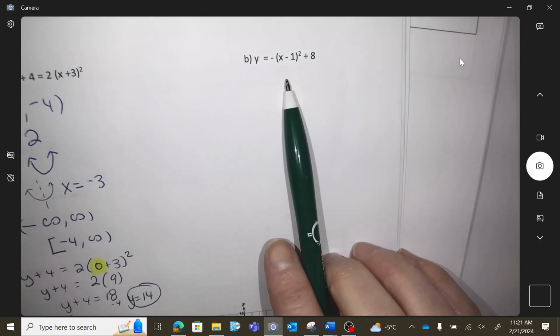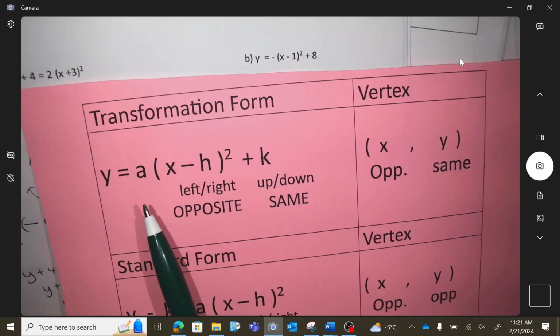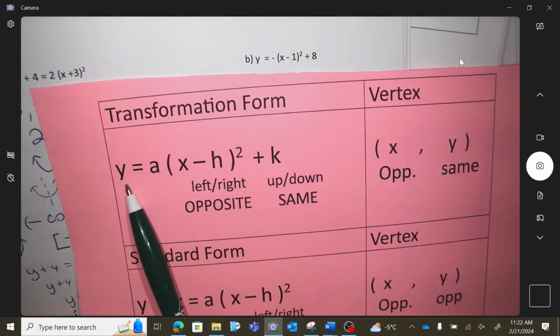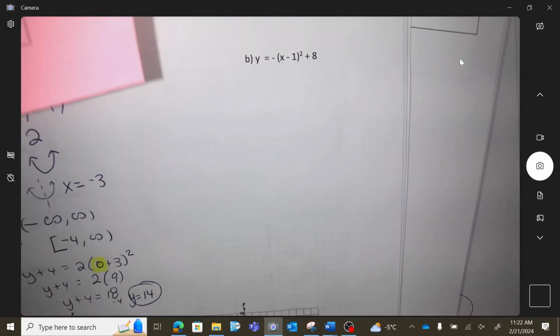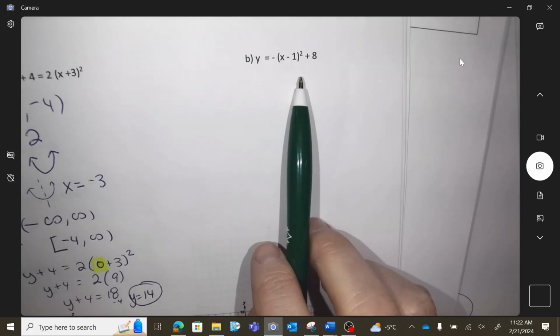Okay, so question B, I would say it looks like this form on my formula sheet, the first one here. So you have a 1 and an 8, which is coming first, the 1 part or the 8 part? Are they same numbers? Are they opposite numbers? You're going to have to process all that. So which part comes first, the 1 part or the 8 part?